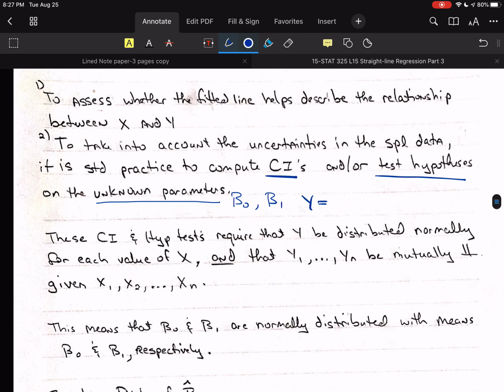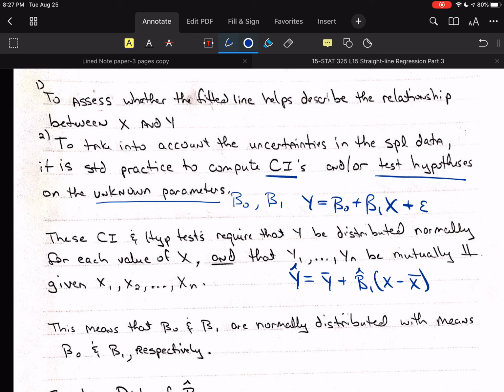We have y equals beta naught plus beta 1 x plus e. And we said that for our estimate, we would come up with y hat equals y bar plus beta 1 hat times (x minus x bar).